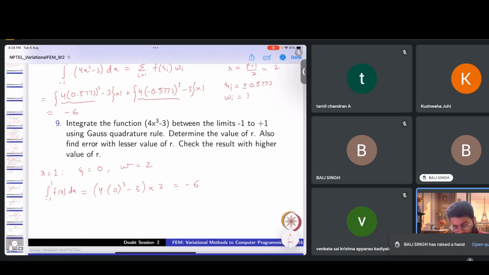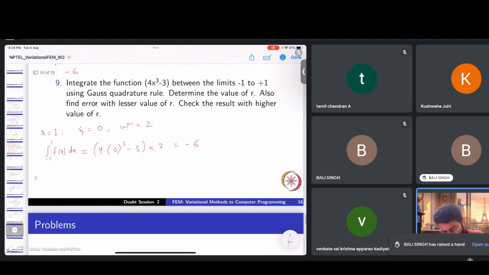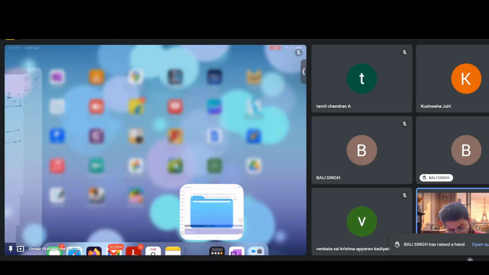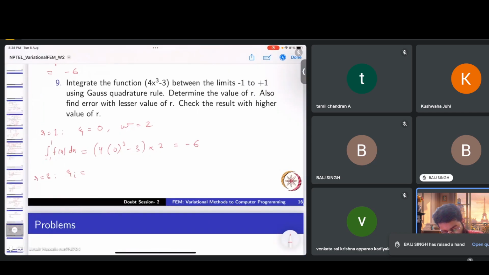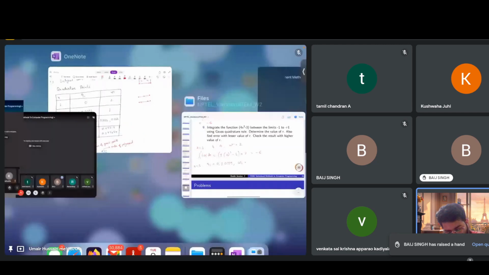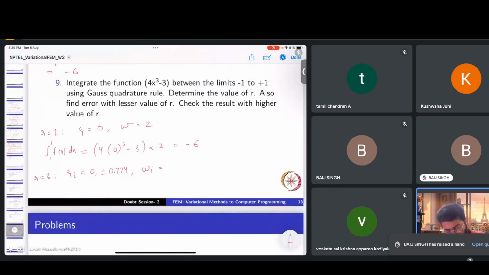Can we try with a higher value of r? So I don't remember the formula. 0, plus minus 0.774, and weights are 0.888, 0.555. Corresponding to this, W is 0.888 and for the others it is 0.555.